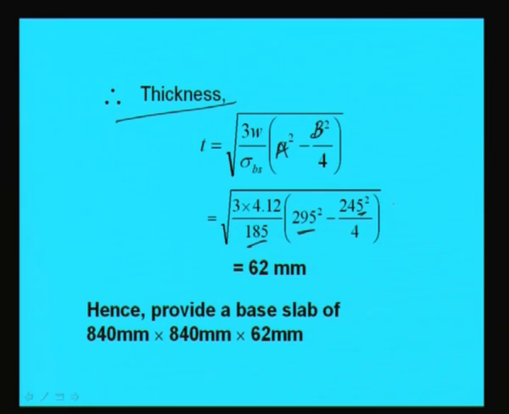If we put those values, we get thickness T as 62 millimeter. So we can provide a base slab of 840 by 840 by 62 millimeter. In this way we can find out the dimension of the base slab.